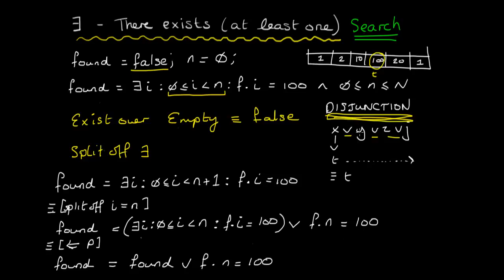As soon as you come across a true, in other words, you find maybe the value 100 in the array, one of those terms is going to become true and it will set it to true for the rest of the processing. The other important thing to remember in terms of the split off is that we split off with an OR. And again, that is because there exists is really just a disjunction.